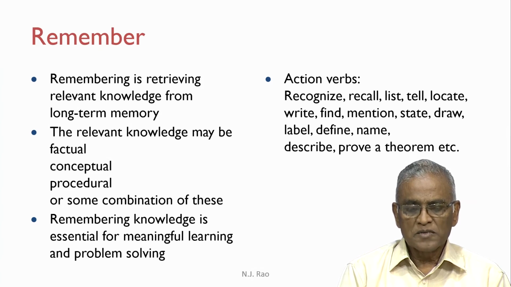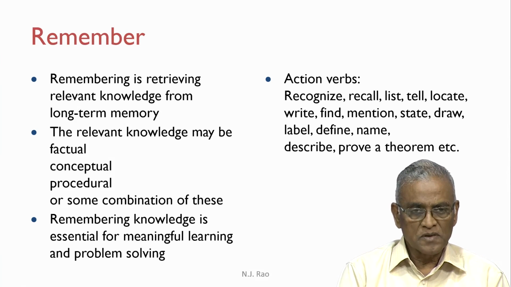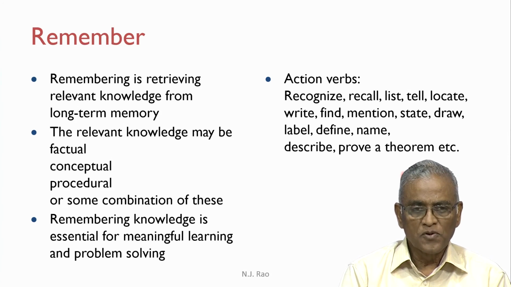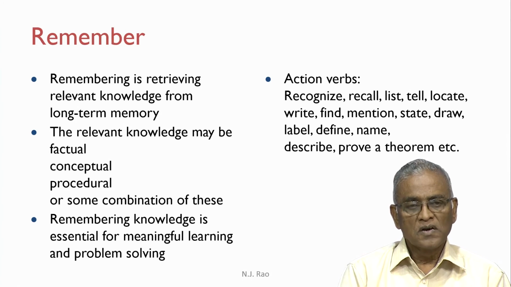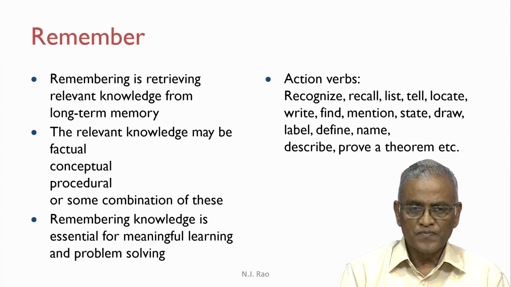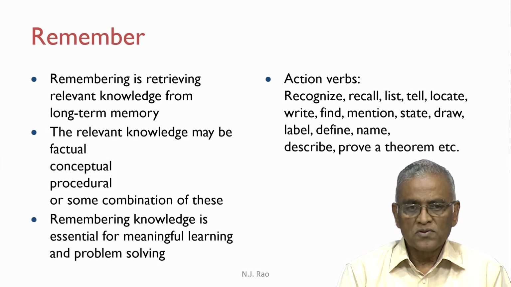The relevant knowledge may be factual, like what is the density of water. You do not want to go and consult a handbook, that is factual information. There should be conceptual knowledge, like what is meant by mass. I should know that kind of a concept. Then procedural knowledge, that is, how do you calculate, how do you multiply, how do you add.